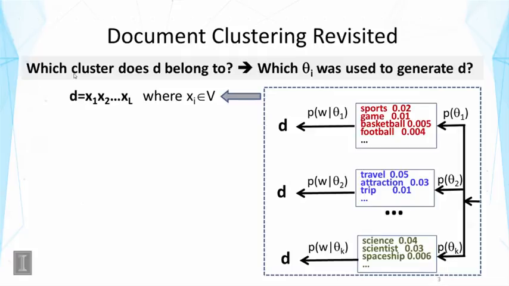Now, suppose D has L words represented as x_i here. How can you compute the probability that a particular topic word distribution theta i has been used to generate this document? Well, in general, we use Bayes rule to make this inference. And you can see this prior information here that we need to consider.